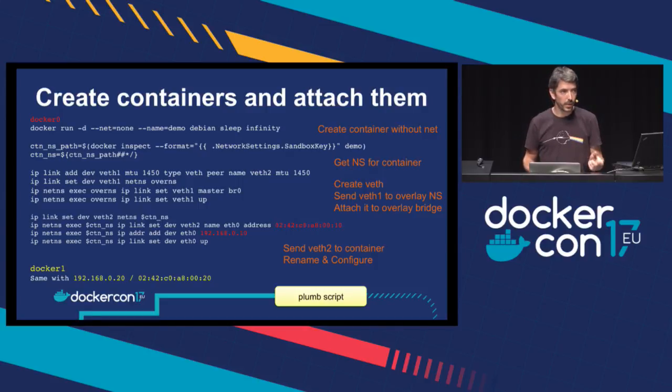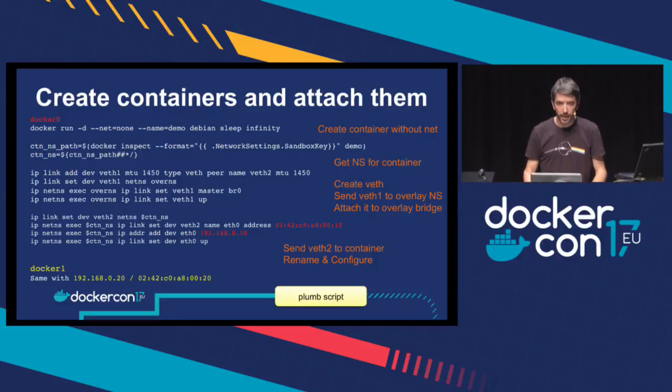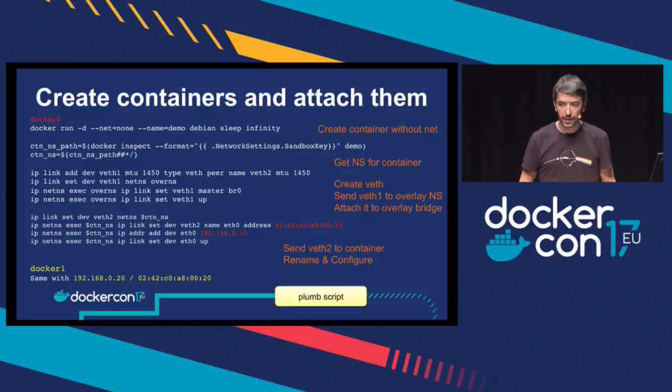Then I'm going to grab the network namespace from this container, and then I'm going to create a veth interface, which is basically an Ethernet pipe, and one end is going to be inside the container, and the other end is going to be inside the overlay namespace I created and attached to the bridge. Okay? So I'm going to do that for both the containers on Docker 1 and Docker 0, and as you can see at the bottom of the slides, I'm going to give these containers IP addresses and MAC addresses so they can ping each other.